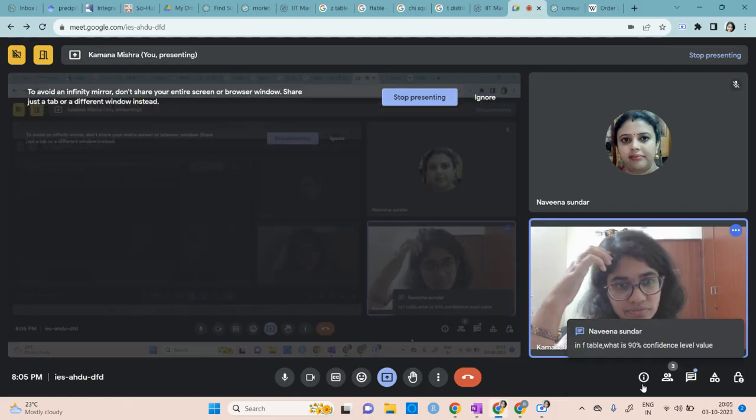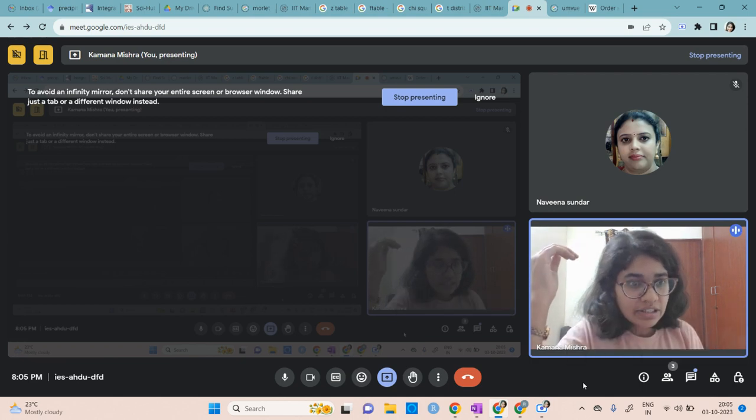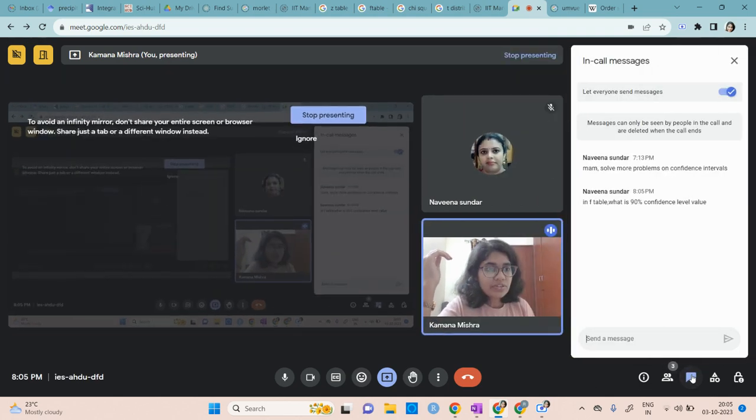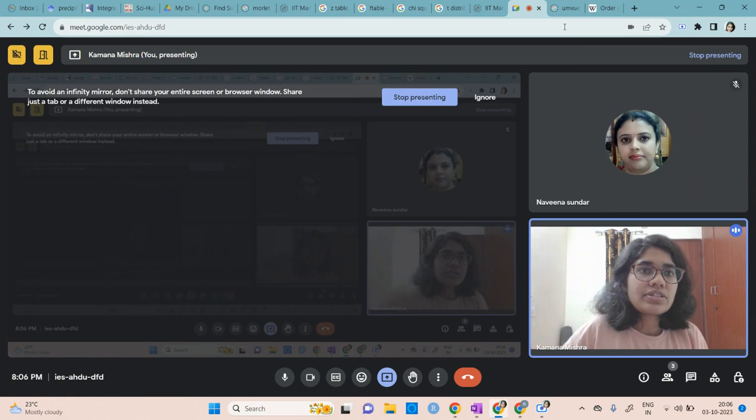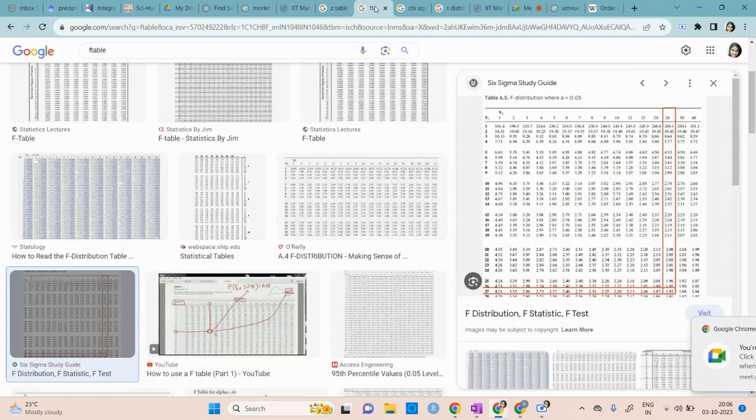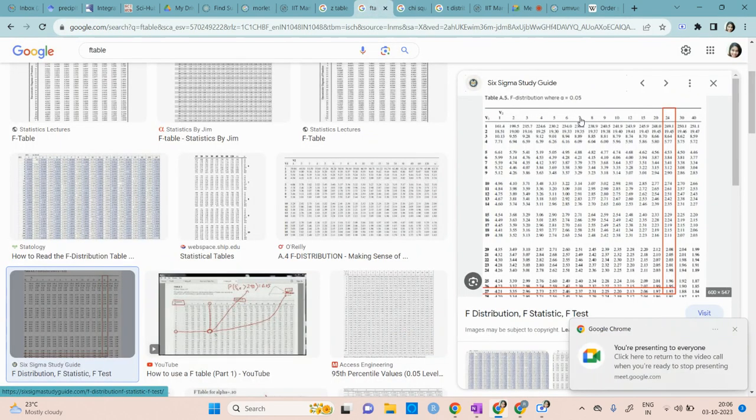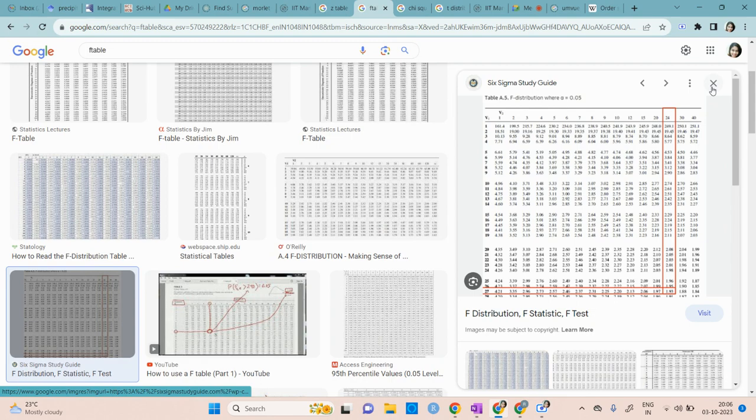Okay. Okay, if in F table, what is the 90% confidence interval value? Confidence level value. Okay. So you need to go through f, and then you need to check it here. Okay, so here it is given f distribution where alpha is equal to 0.01.